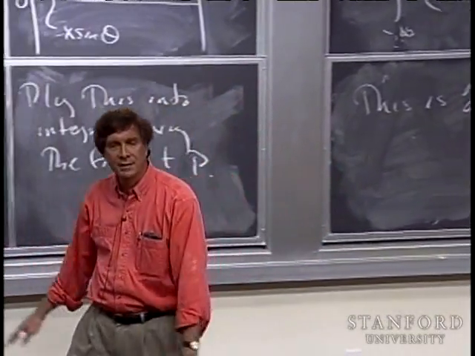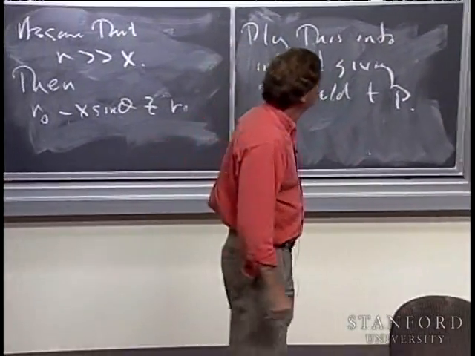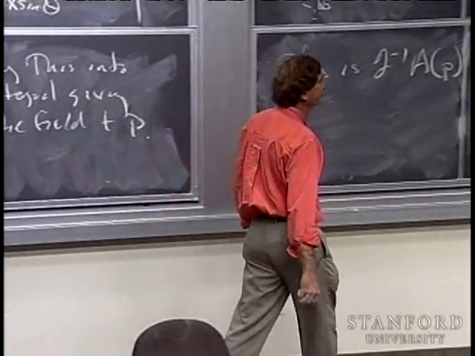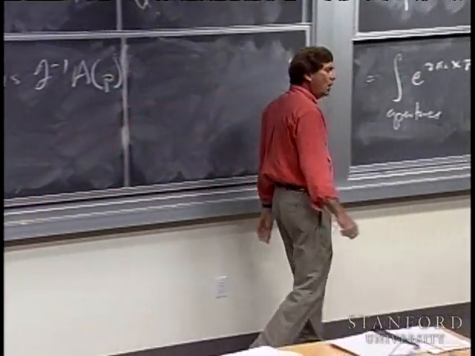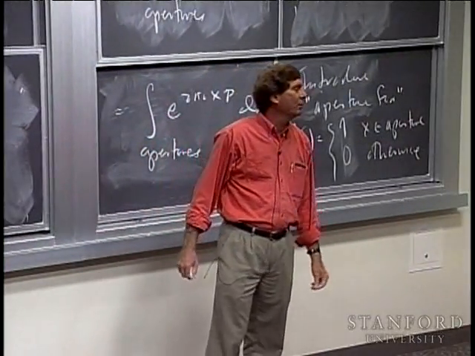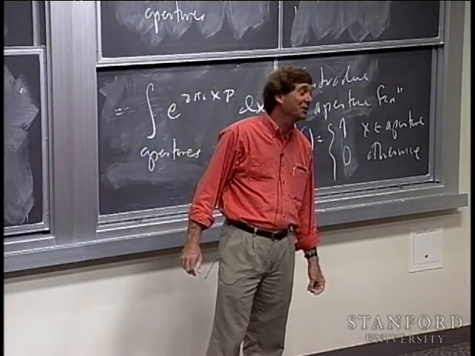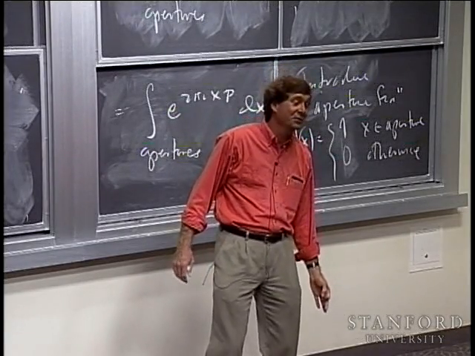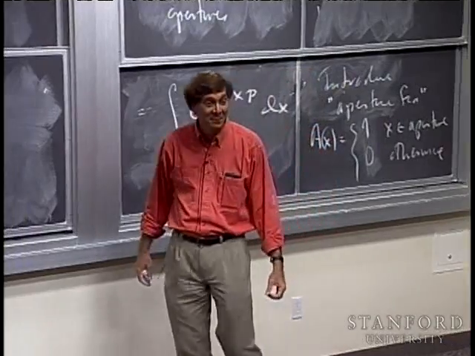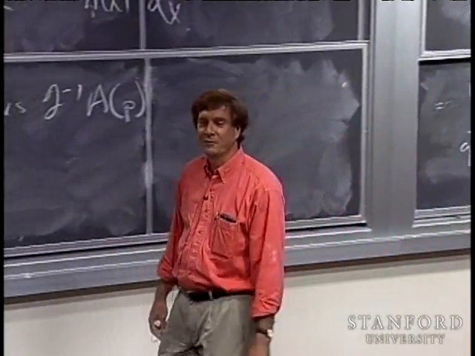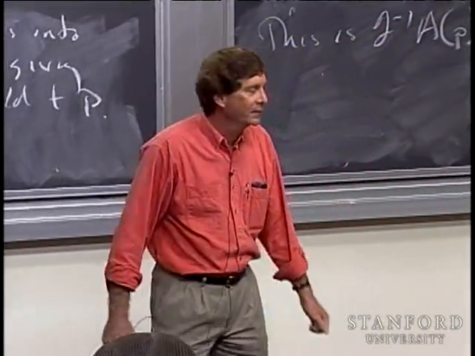Now, I have to make a couple of comments here, so I take a deep breath. I said once that people have different conventions about what they call the Fourier transform, where they put the 2 pi's and where they put the plus and the minus. Remember I said that? Different fields have different conventions.